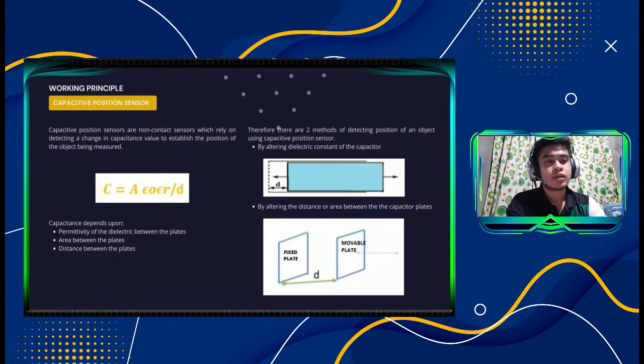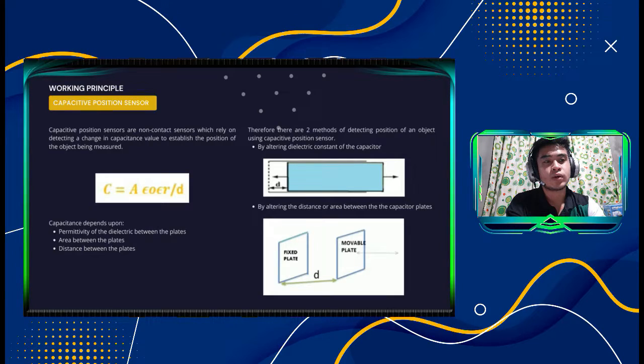So we can see capacitance, area, distance, and dielectric constant. By changing each of these parameters, we can change the value of the capacitance. So we can measure the position in terms of changing capacitance.